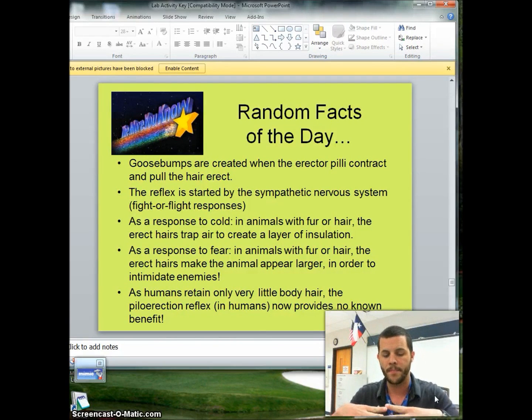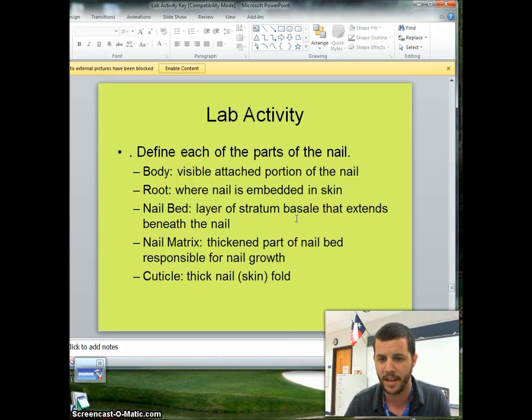Or when the hair stands on end, it makes the animal look slightly larger, so it acts as a defense mechanism in that way. We don't really use those methods for us, but we still have that mechanism built in. So that's your random fact of the day.